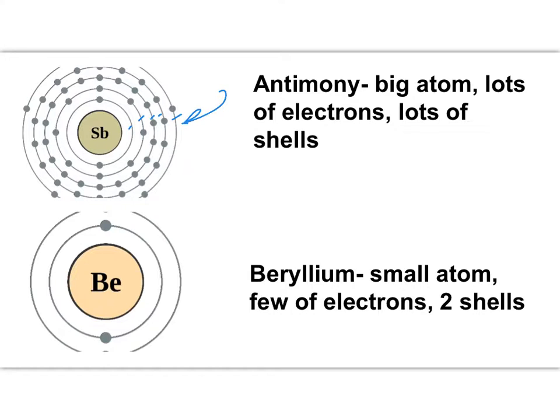But something like beryllium, it's really small, it only has 2 shells. And that 2nd shell can't fit all that many electrons in comparison to something like antimony. So that's a comparison between the two, and how as we get bigger and bigger atoms, those shells keep growing and we get more and more of them.